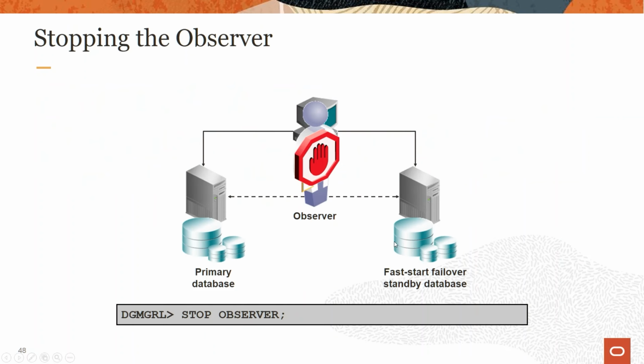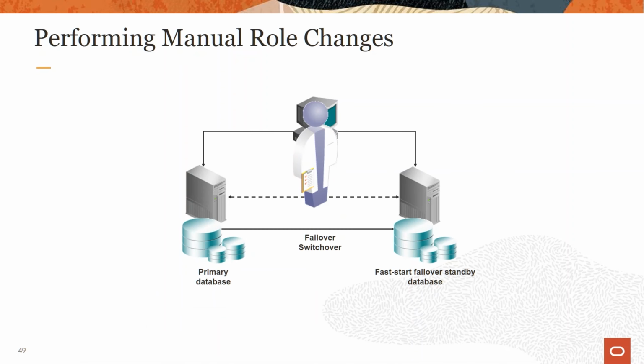And you can stop the observer after disabling fast start failover. And after you disable fast start failover and then stop the observer, you can perform manual switchover and failover based on your decision and based on your conditions. It's by user.